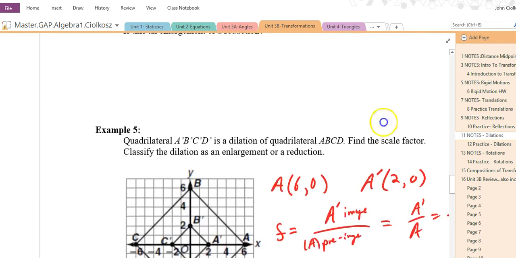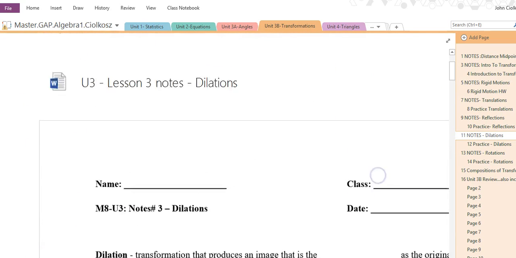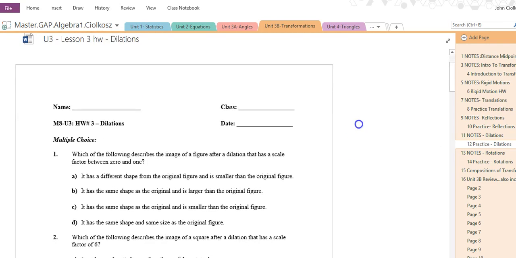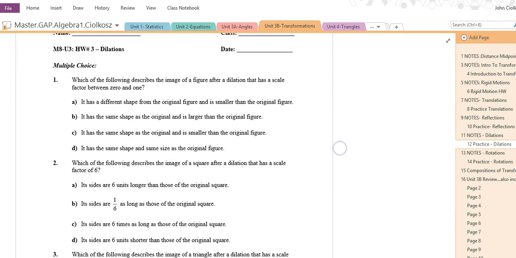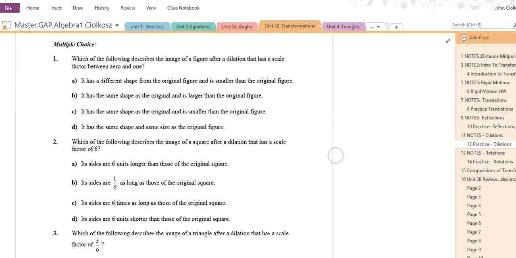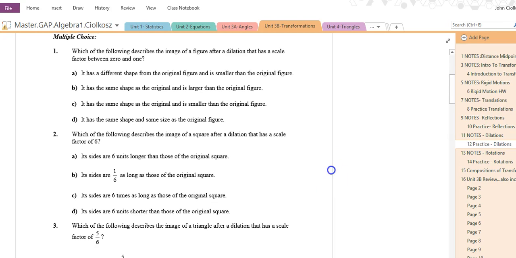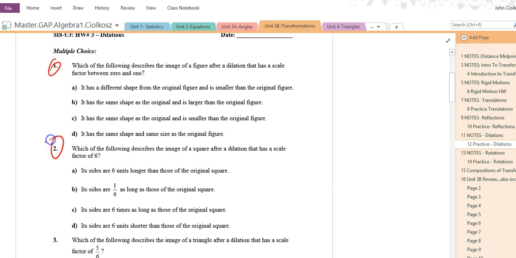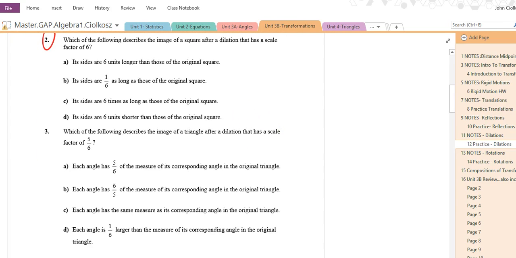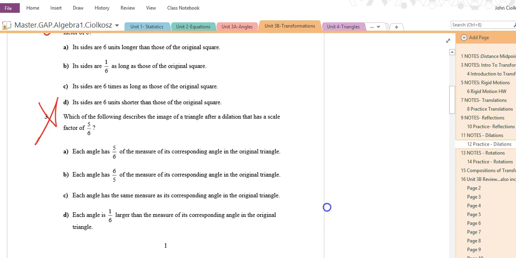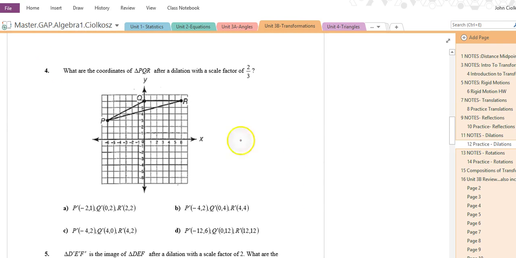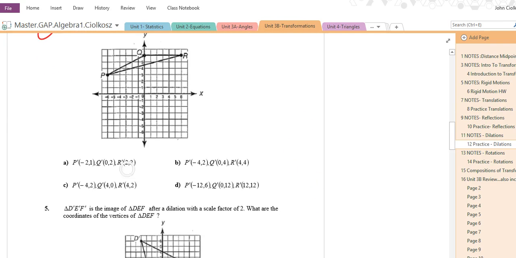Alright, so once we're through there, let's go ahead and check out 12, which is going to be a section of practice for you guys. So here, let's check out these problems. Don't worry about that one. Notice these are multiple choice.